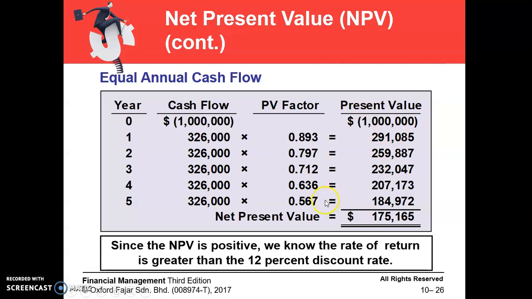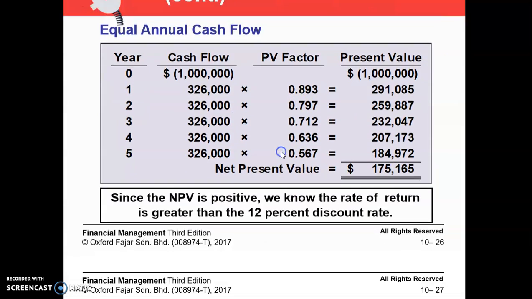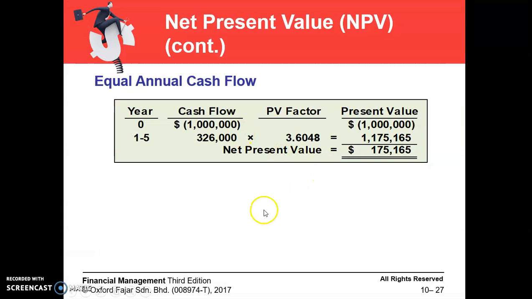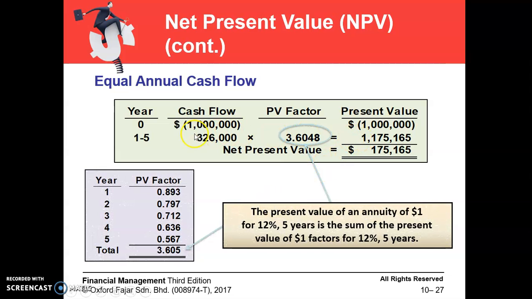Okay, and then total of net present value will be 175,165. So equal annual cash flow. Okay, net present value, you take the initial investment minus total present value. So you get the net present value of 175,165. The present value factor is the total amount of the present value factor tadi.